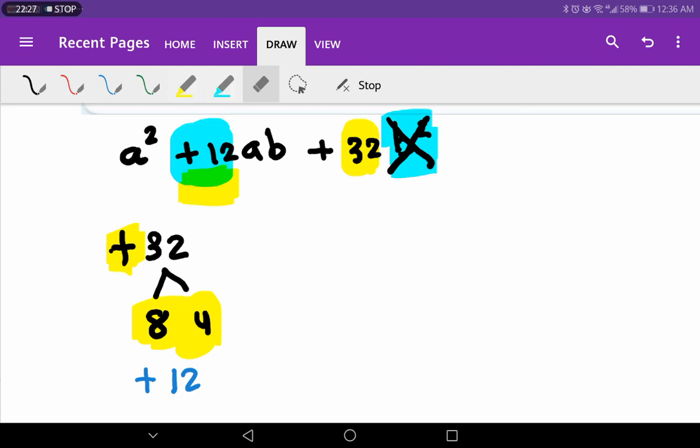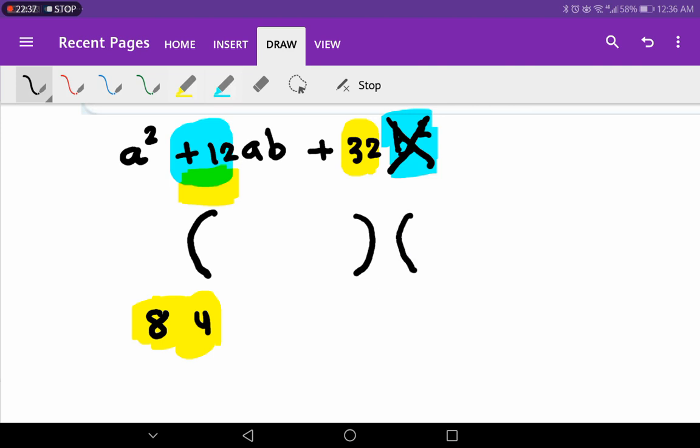Okay, my dear student? And now we start solving. So the 8 and the 4 are the factors, or my solution. Let us write it. As we learned before, we draw the parentheses. What is the letter here? It is A. Till now I ignore the B square.